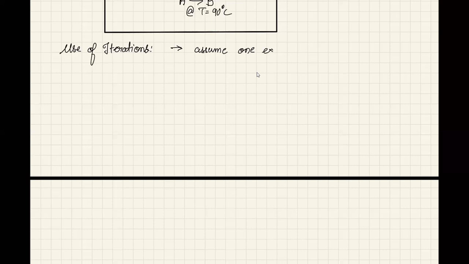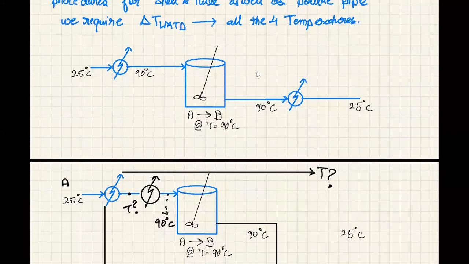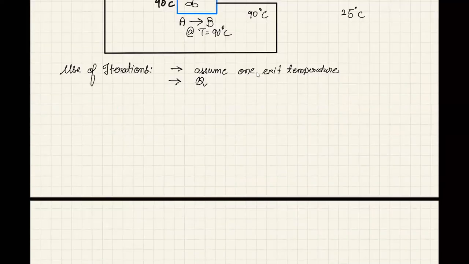Once an exit temperature has been estimated, you can use m Cp times delta T on that particular stream and calculate Q. Then you can calculate the other temperature. Then, since you know the heat exchanger, you can find out the value of A, then go and again find out the value of U. Then you can compare the areas, then again go back, and so on. It keeps going until things converge.